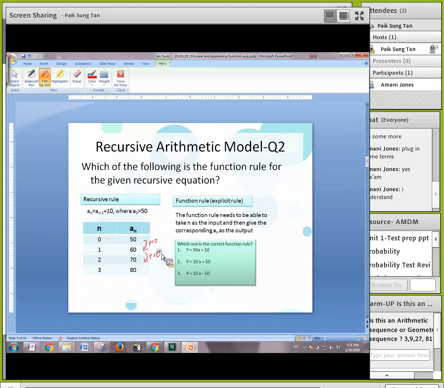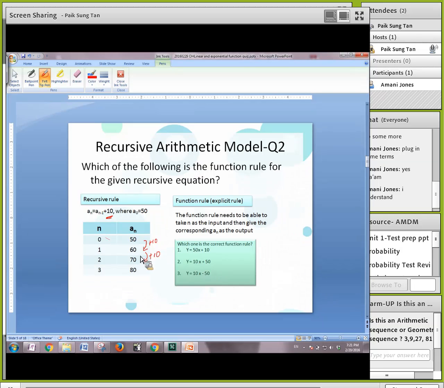And this plus 10 is also shown in the recursive equation itself. Whereas with function rules, this is not always obvious. We are working with simple equations now. It may be obvious, but it's not always obvious.